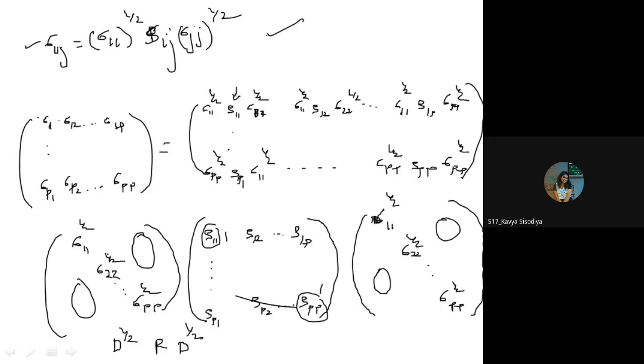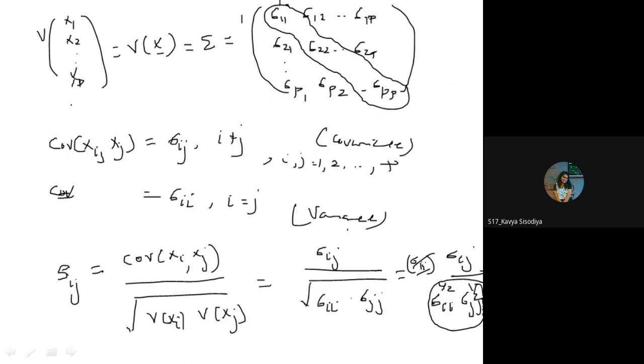Yes sir. And we call this quantity sigma. We did this earlier, sigma is nothing but this. So can I write where D is equal to the diagonal of sigma 11, sigma 22, sigma pp.